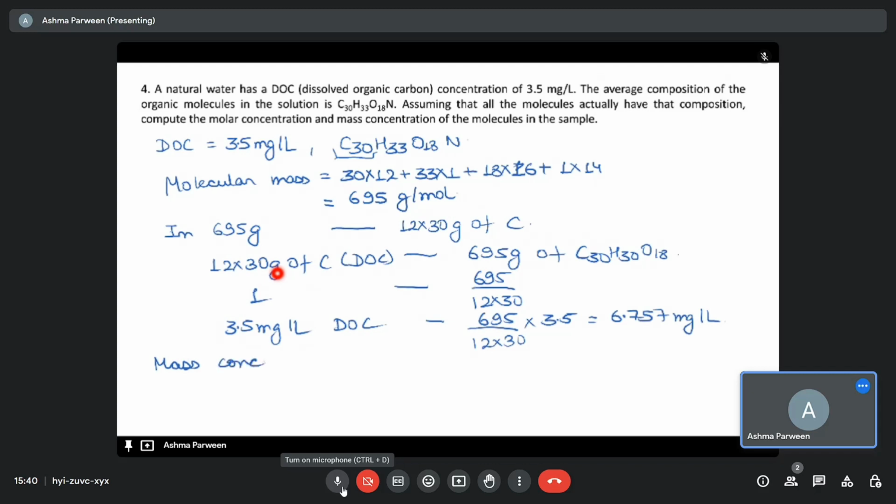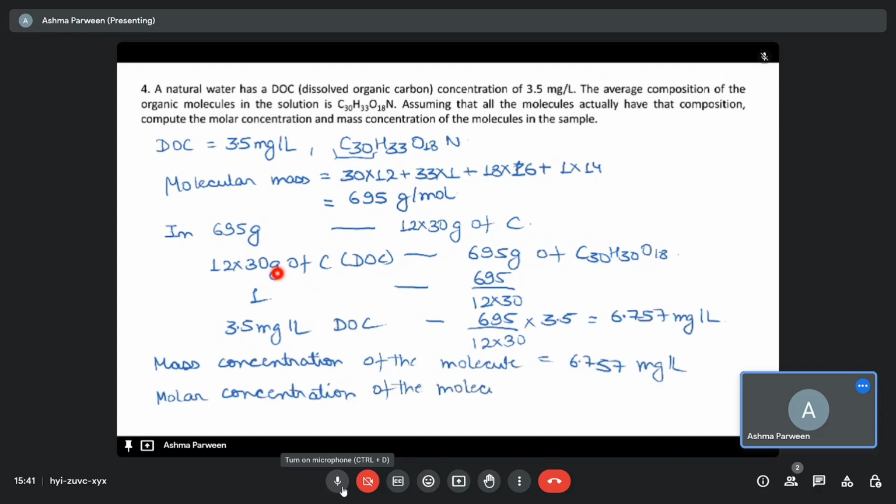Mass concentration of the molecule is 6.757 milligrams per liter. Now also we have to find out the molar concentration. So we have already been given the mass, that is 6.757.